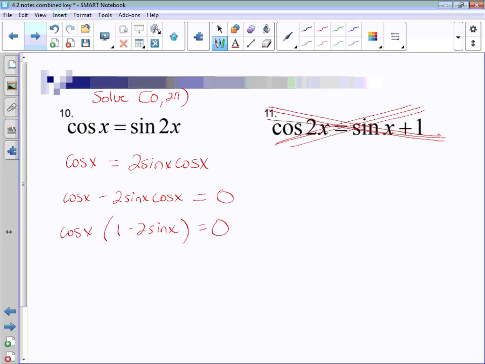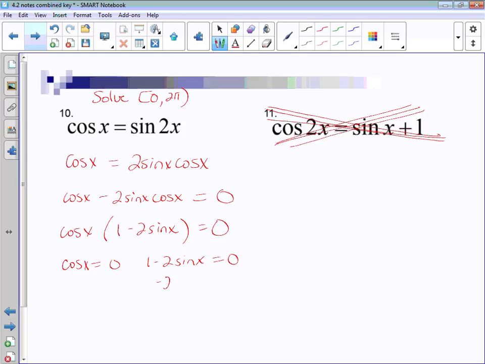This is where I can then set my factors equal to 0. So cosine of x equals 0, and 1 minus 2 sine of x equals 0. For cosine x equals 0, you've isolated your x.